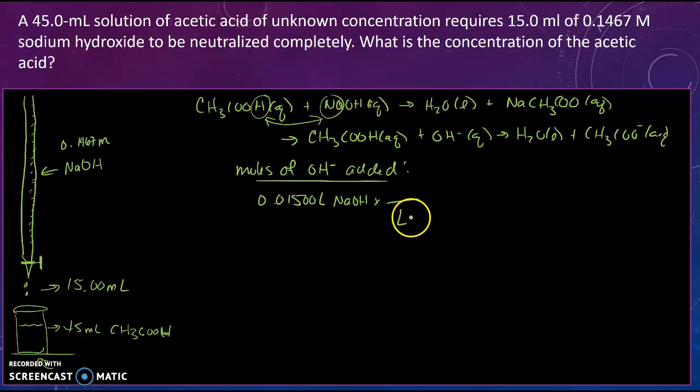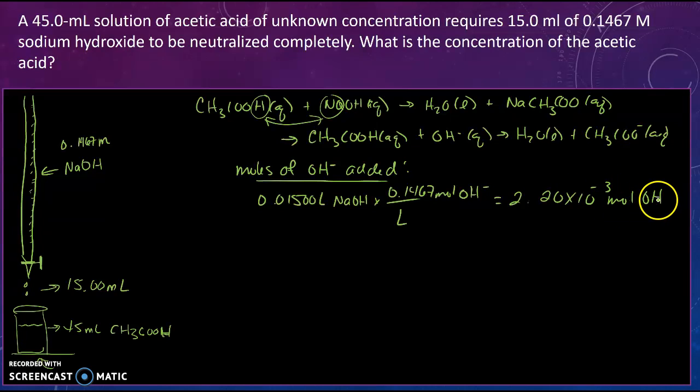We know that every liter has 0.1467 moles of hydroxide in it. And what that will give us is 2.20 times 10 to the minus 3 moles of hydroxide.